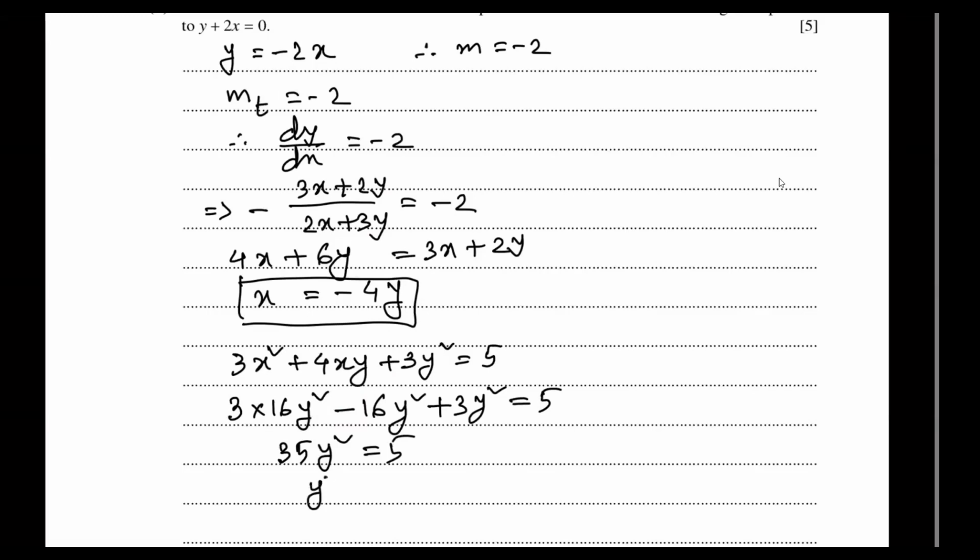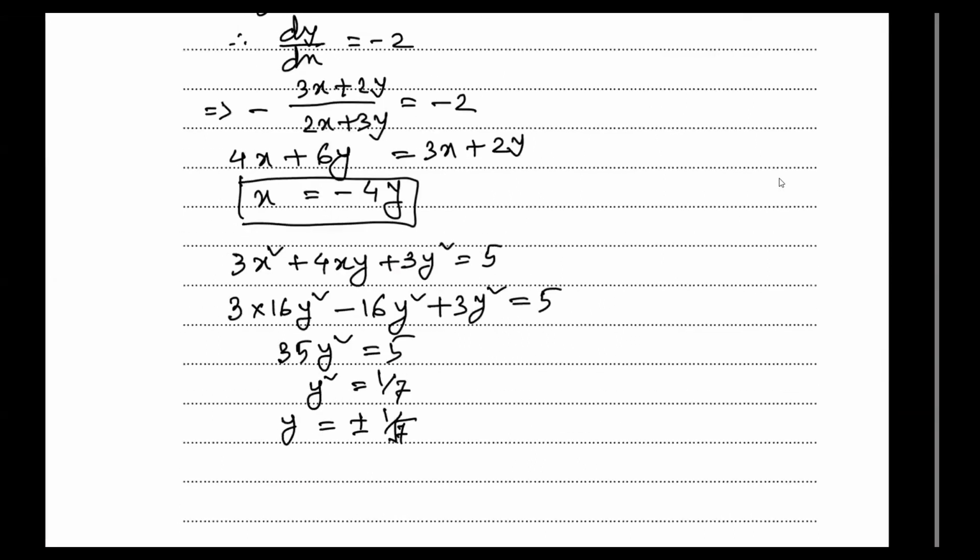So y square is 1 by 7. So y equals plus minus square root of 1 by 7. That is plus minus 1 by square root of 7.